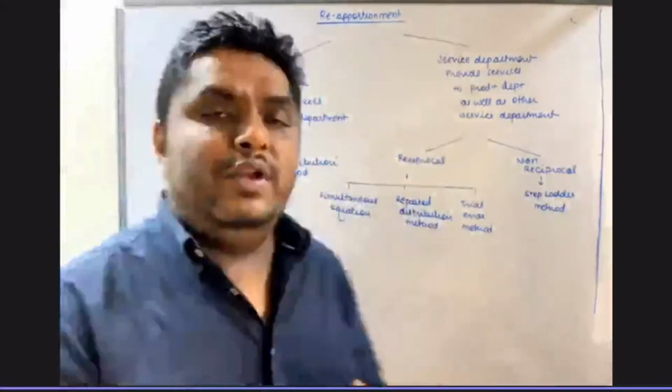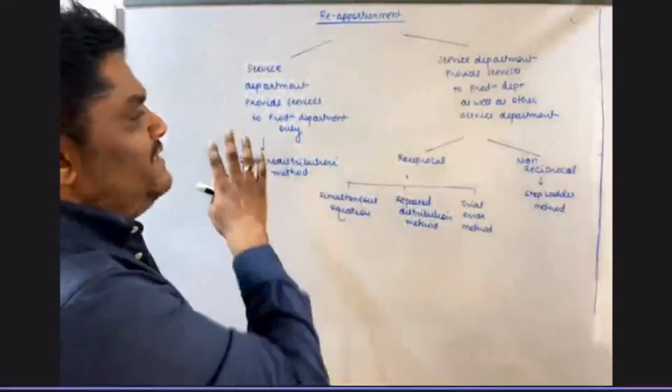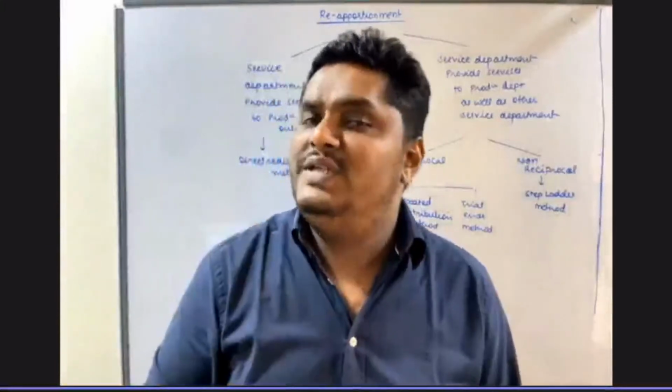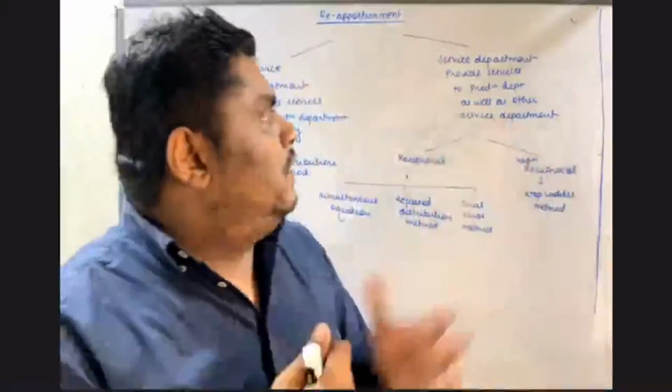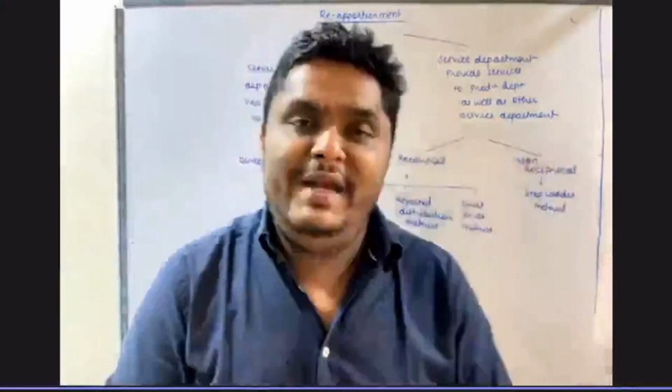So when talking about the methods of redistribution, two approaches are possible. When service department provides services only to the production department, we will use direct redistribution method. If they are providing services to each other, then reciprocal and non-reciprocal.